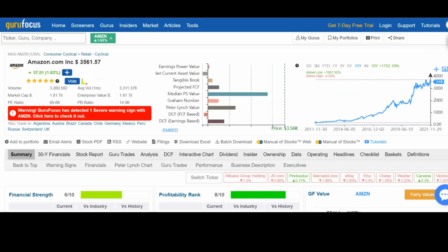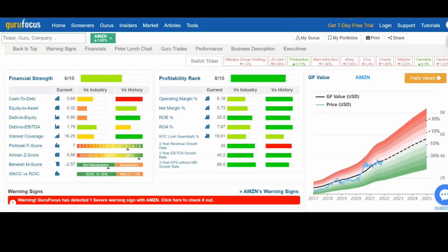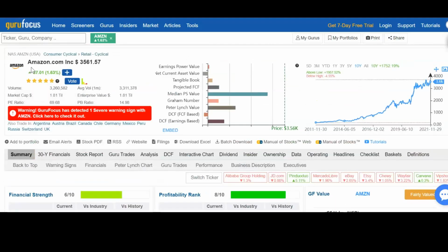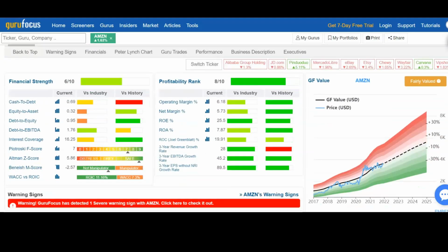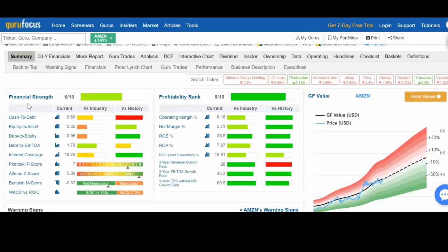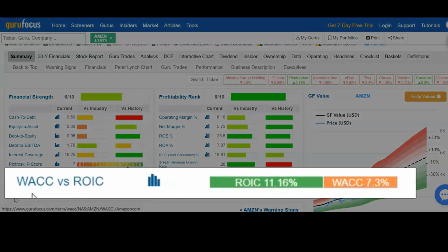In reality, the cost of capital is so important that some stock market investment websites provide this key metric. For example, have a look. These are data for Amazon on one of the sites which I personally use. These are key financial metrics for the company, and here we have a comparison between weighted average cost of capital, WACC, and a return on capital invested for the company.